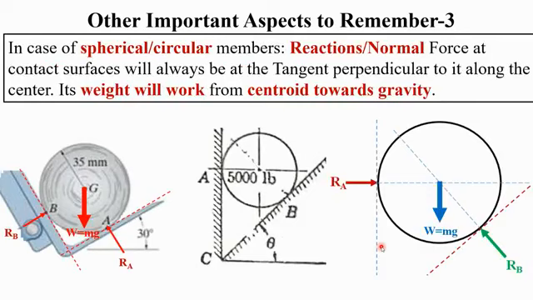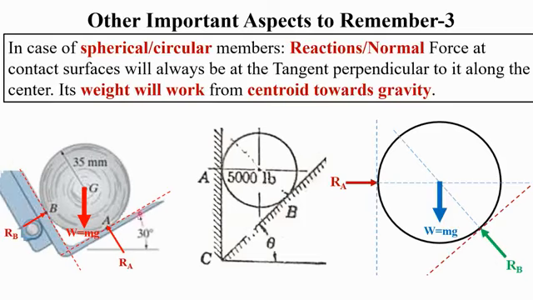Now come to spherical or circular members. Its force will work along this vertical direction, the weight Wmg, the gravity from the center, and the reaction will be perpendicular to the tangent towards the center.